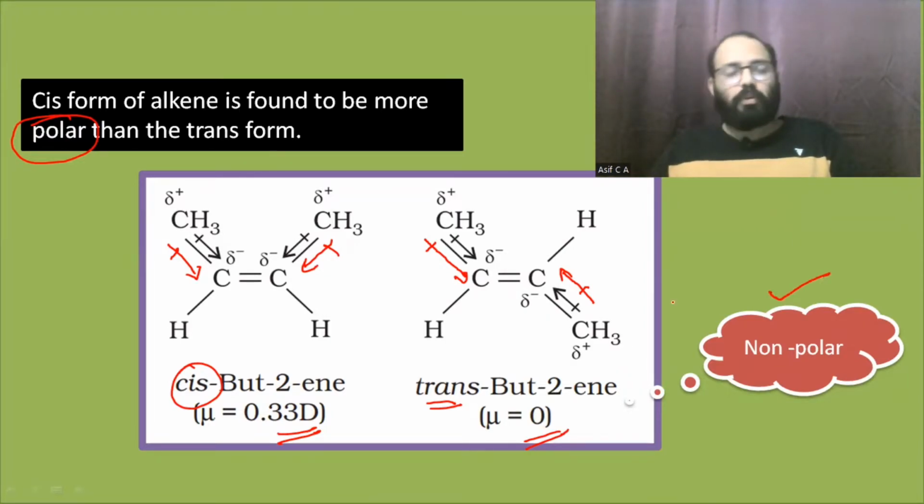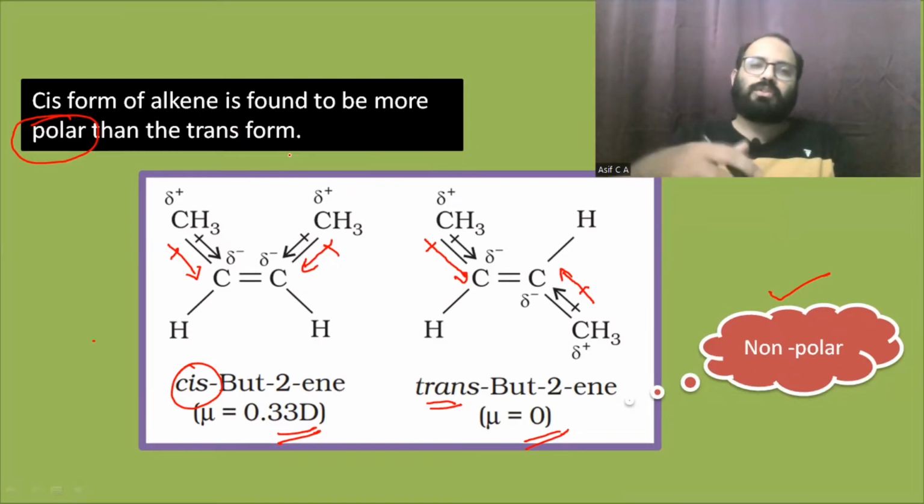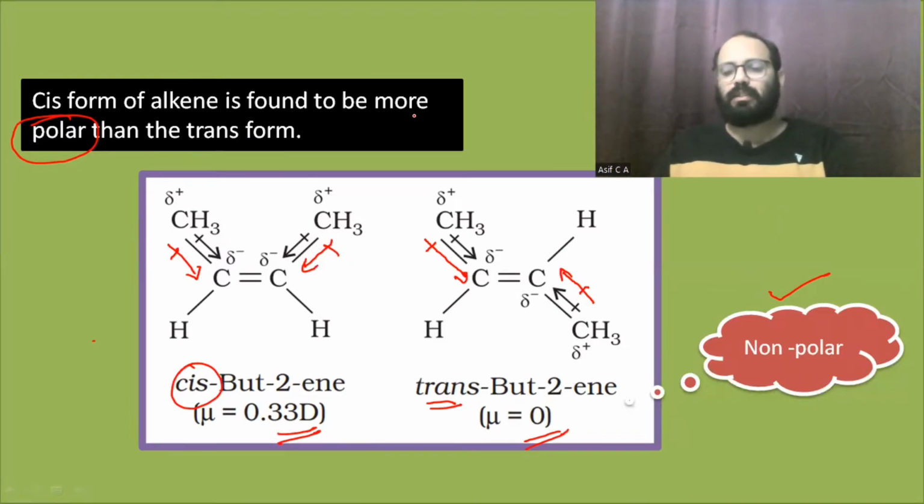So trans is non-polar, cis is polar. That is why they have given cis form of alkene is found to be more polar than the trans form. Here நம்ம discuss பண்றது butene இருக்கனால trans butene dipole moment is 0, it is non-polar, and here cis butene is polar because it is having a resultant dipole moment.